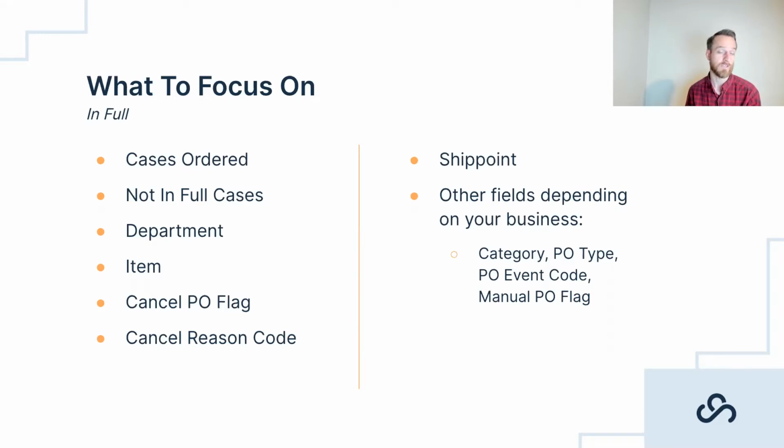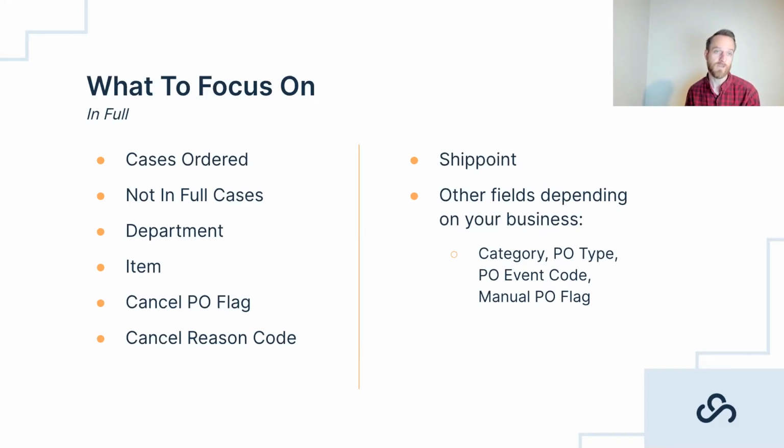If you're a supplier that fulfills multiple departments, then you may want to break it down by department. Obviously item as well, if there are particular items that are having not in full issues. Cancellation data is very important, and we'll talk about why shortly.